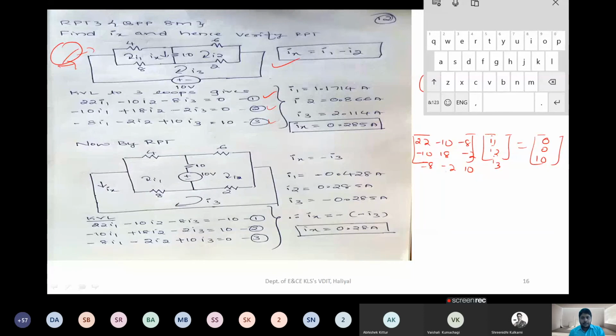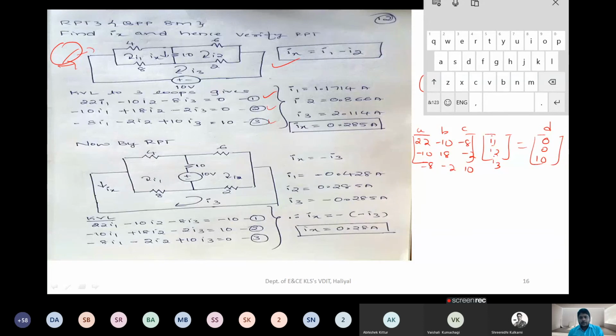In your calculator, it will be like A series, B, C and D series: A1, B1, C1, D1, A2, B2, C2, D2, A3, B3, C3 and D3. So everyone please follow this. It may take an additional 10 seconds, but it will definitely fetch you the required marks.